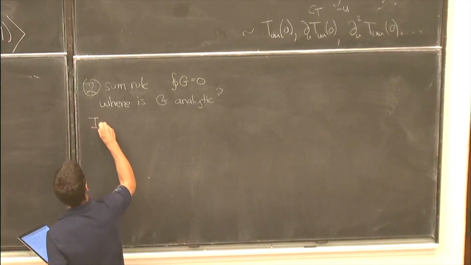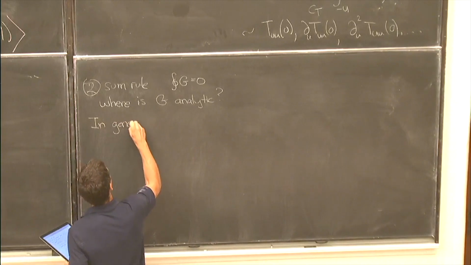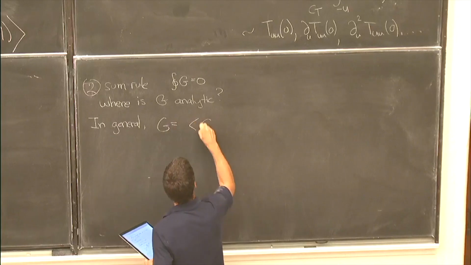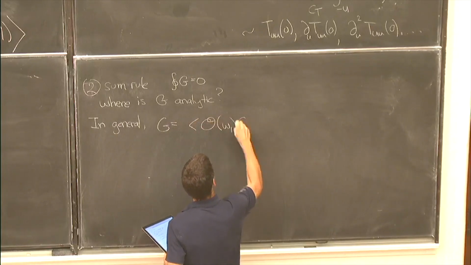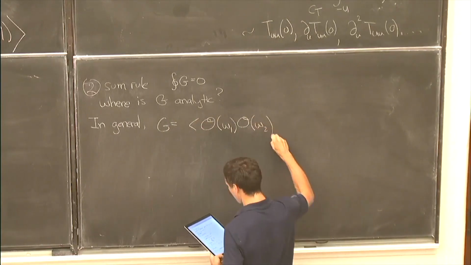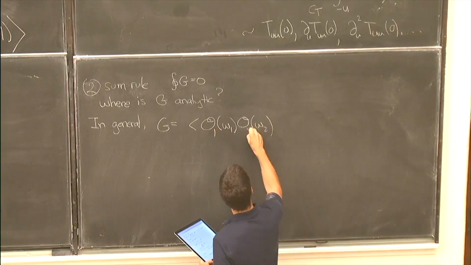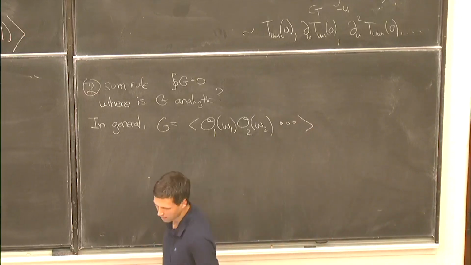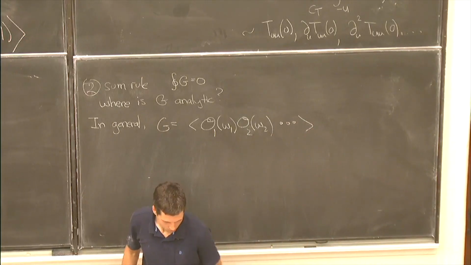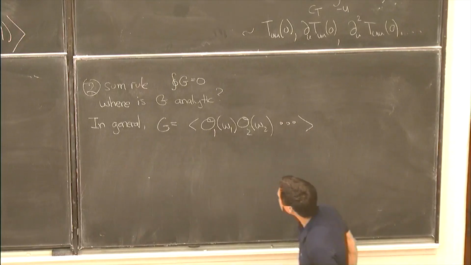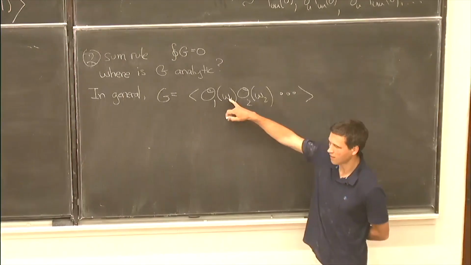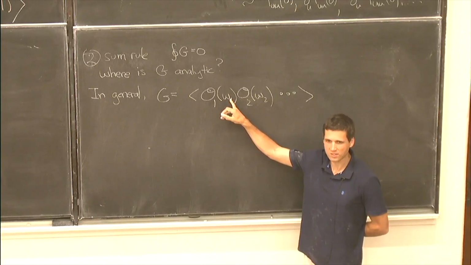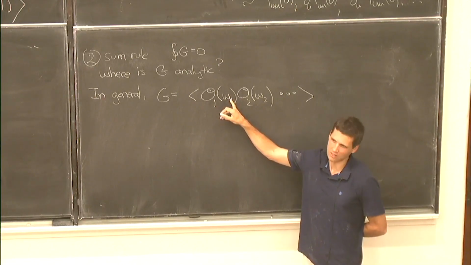In general, if you have a correlation function O1 of w1, O2 of w2, dot, dot, dot, you can think of these as starting out as points in Minkowski space, which we then want to analytically continue.